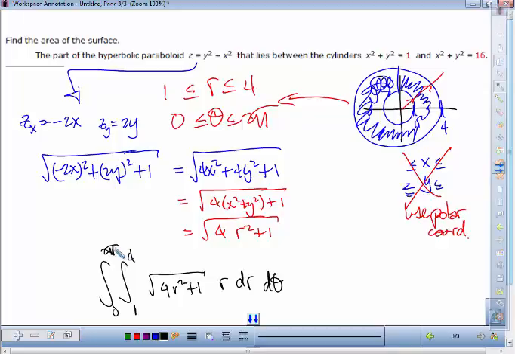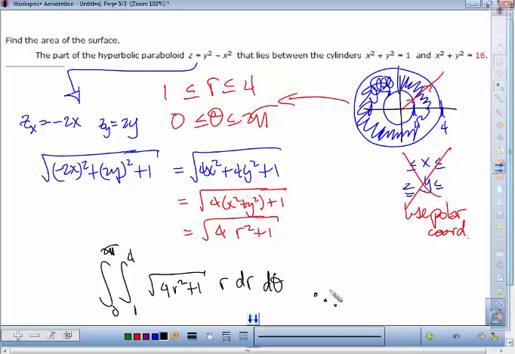Any questions? So, can you picture this? What does this thing look like? It's not a rectangle.